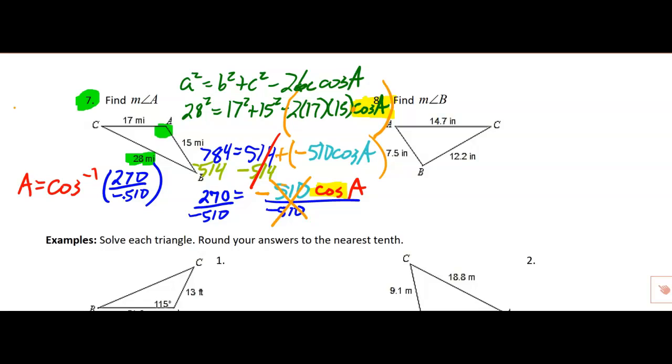I'm too lazy to calculate that separately, so that's what I'm putting in my calculator. Let's see what I get. Okay. A is 121.97 degrees.